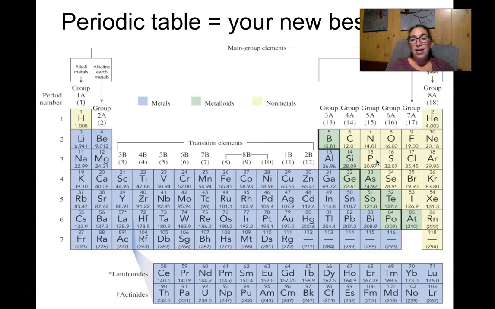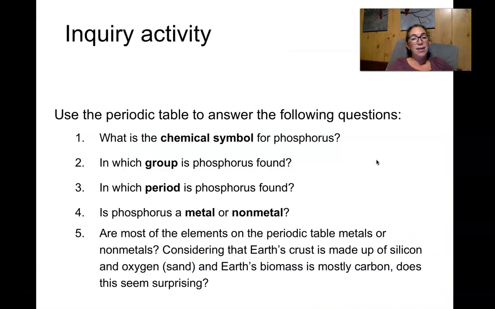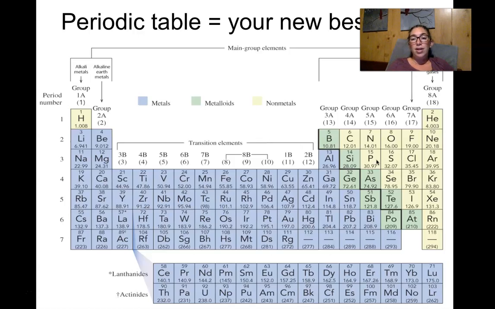If we look, it's pretty clear that most things are blue, which are metals, which is interesting. Considering that the Earth's crust is made up of silicon and oxygen, which is what sand is made out of, and Earth's biomass is mostly carbon, does this seem surprising? If we look at silicon and oxygen and carbon, these are nonmetals or metalloids.